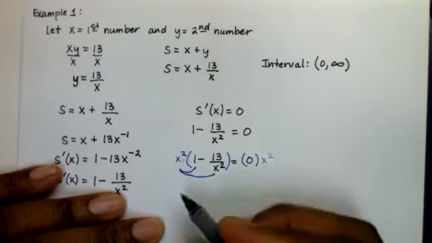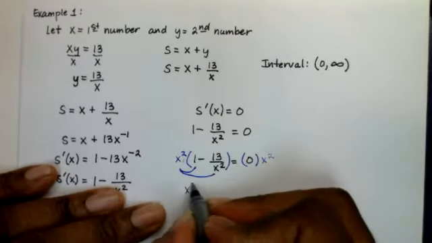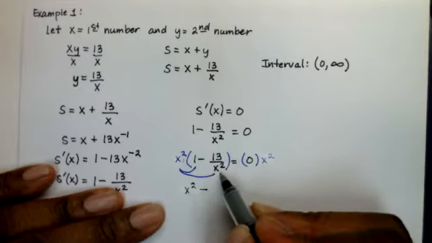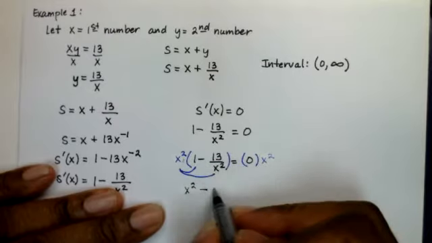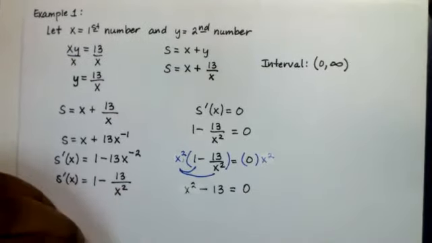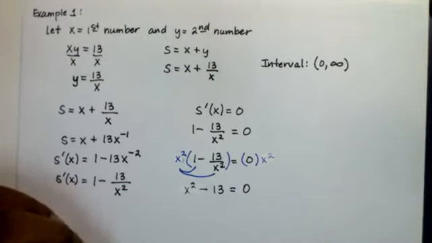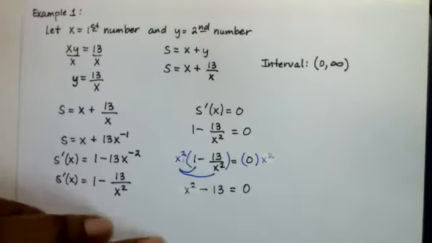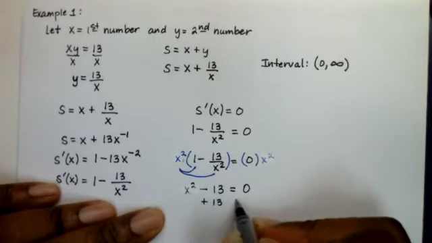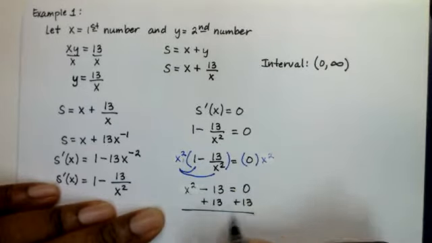Now, X squared times 1 will be X squared, minus X squared times 13 over X squared. The X squareds divide out, and you'll be left with 13. The right side, 0 times X squared, will be 0. So I have X squared minus 13 equal to 0. And then if I add 13 to both sides, I get X squared is equal to 13.